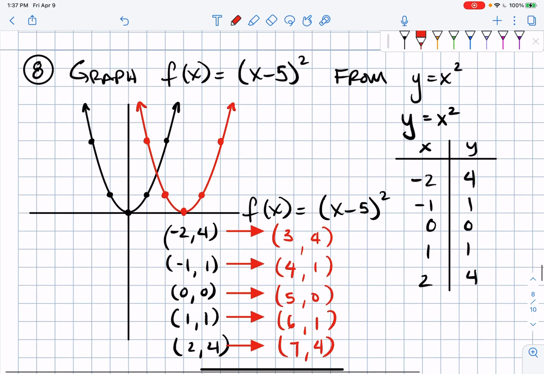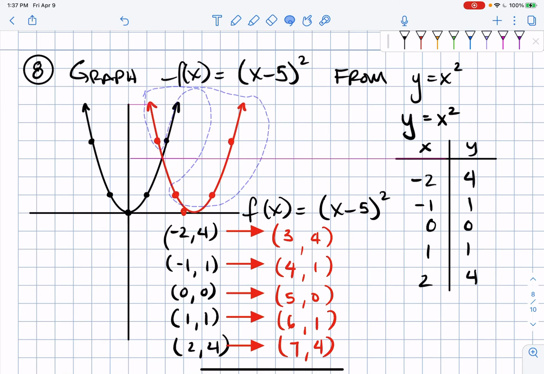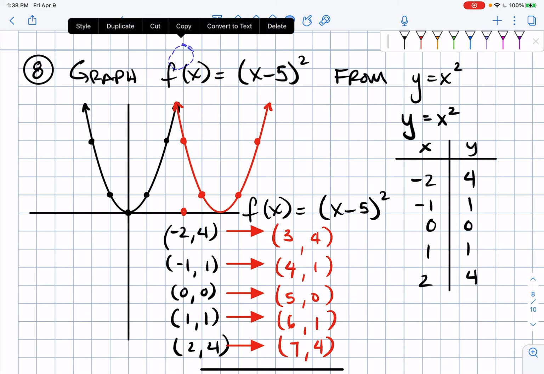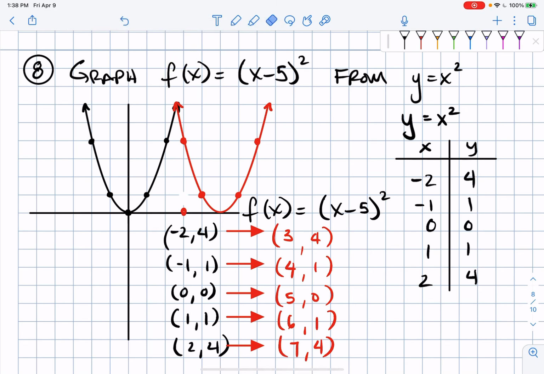So if that's the case, that means I gotta take this graph right here and shift it 1, 2, 3, 4, 5. So there's my new graph, except that, and I'm going to get that one.